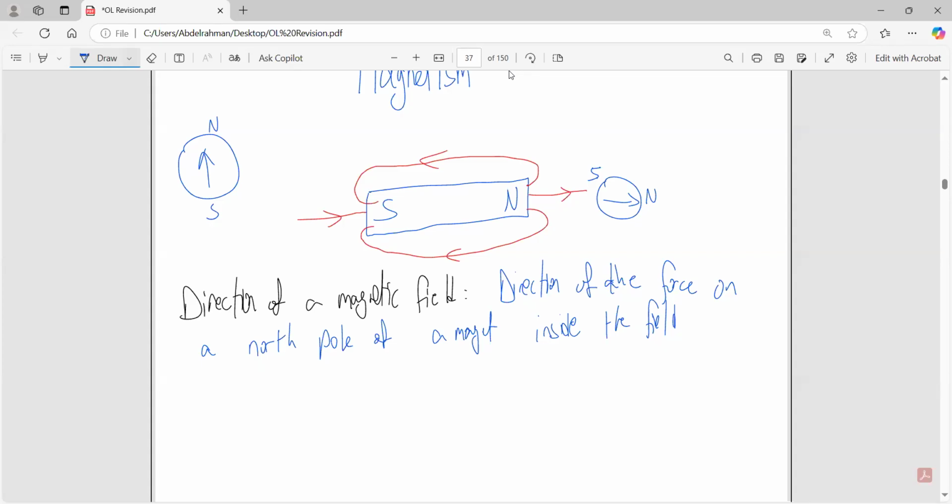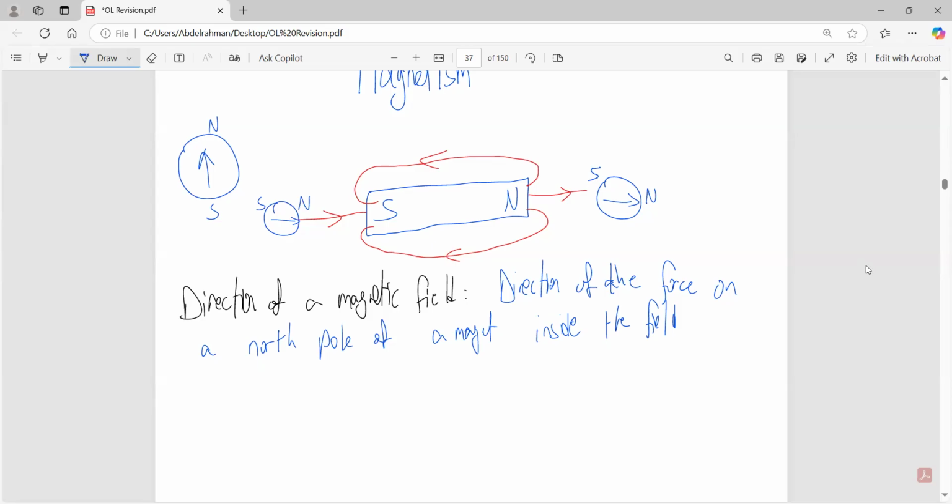If you draw another compass on this side, it would also look this way, because the north pole is attracted to the south pole. Again, the direction of the force on the north pole is to the right. So what is the direction of a magnetic field? It's the direction of the force on a north pole of another magnet in this field.